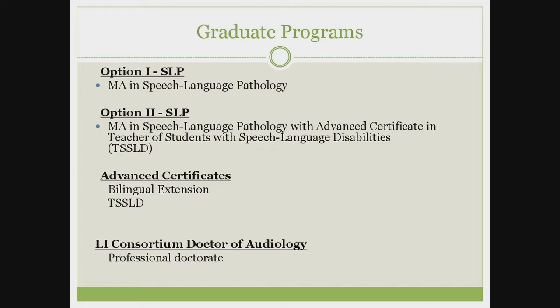Okay, so today we're going to talk, like I mentioned, about the speech pathology and audiology program. We have option 1 for the speech pathology program, which is a master's in speech language pathology. Option 2 is also a master's with an advanced certificate in teachers of students with speech language disabilities.